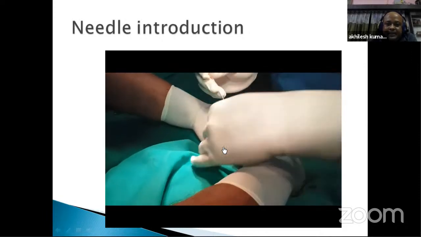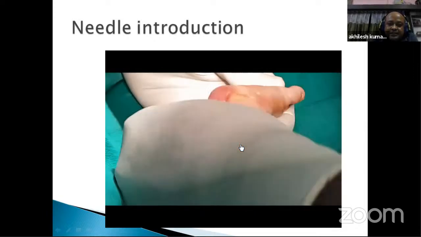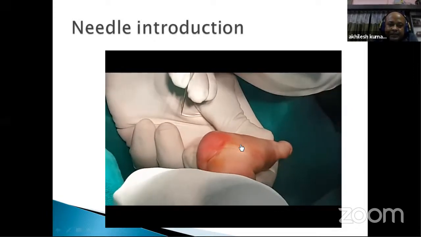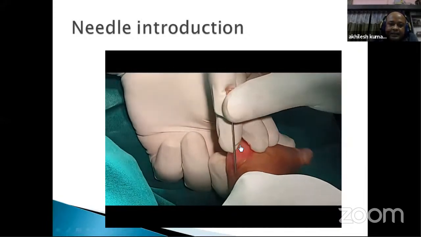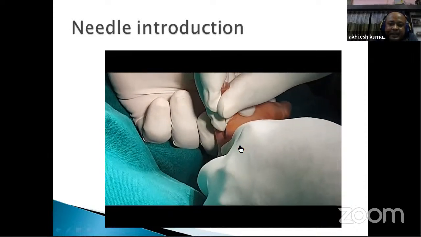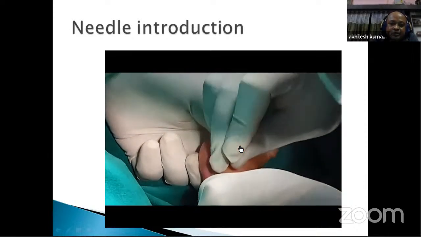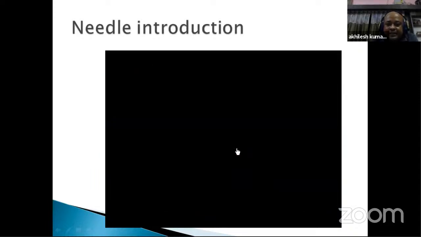Just palpate here the highest point, then you can see how I am introducing the needle. The beveled end of the needle is anterior, and enter through the medial side. First touch the tendo Achilles belly, then enter the soft tissue and then translate the needle. Do not drag the needle.